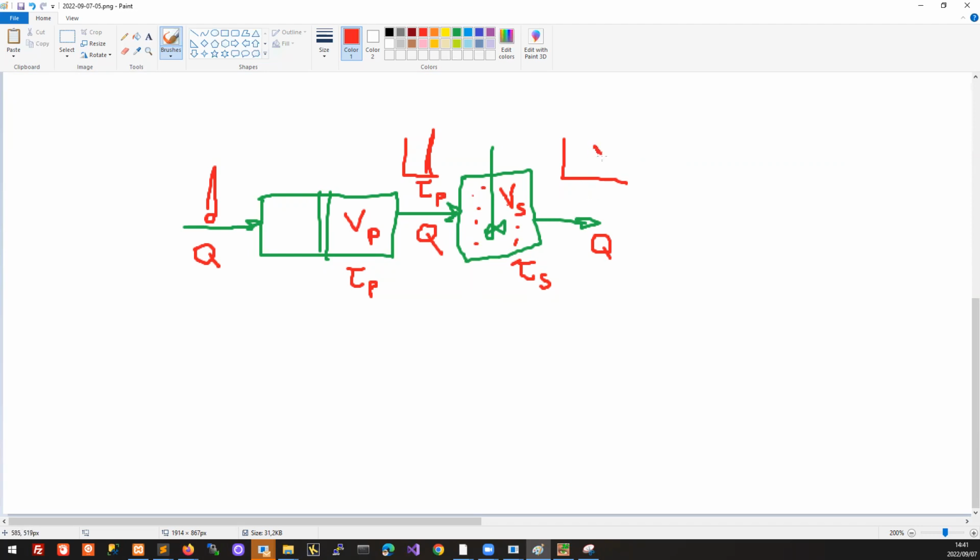And so we will end up with an exponential decay from the CSTR. And so we will have here a tau P. Everything is delayed until tau P, and then it shoots up to some value, and then we see an exponential decay after that. So that's what we expect from the PFR in series with CSTR.